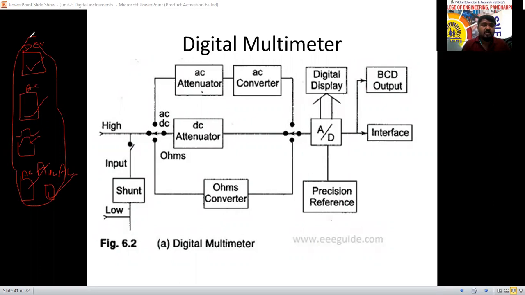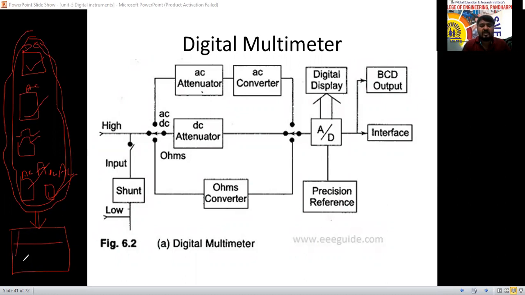But to do these 5 operations in one instrument, we have made one instrument called a digital multimeter. It can measure AC voltage, DC voltage, resistance, continuity, AC current, DC current, all the things.